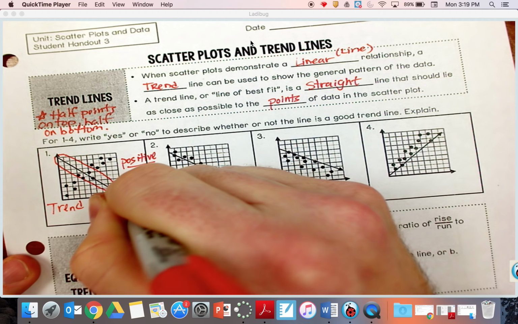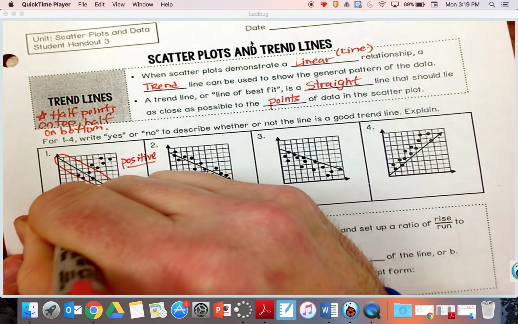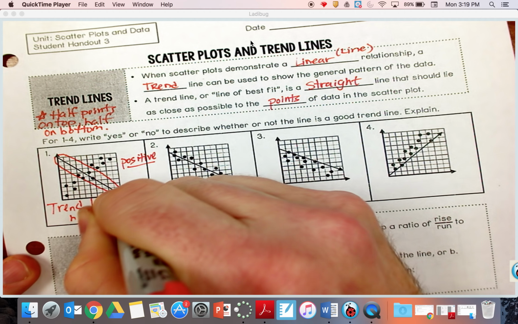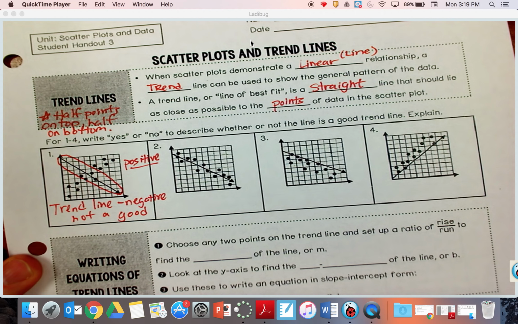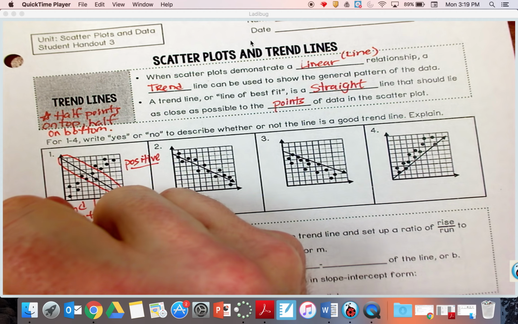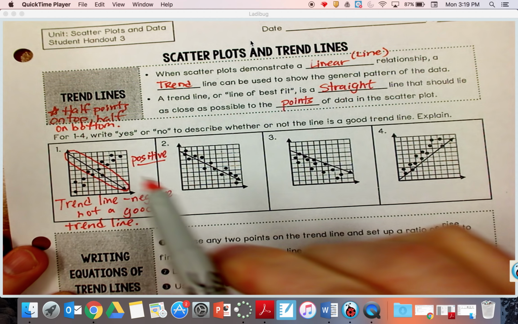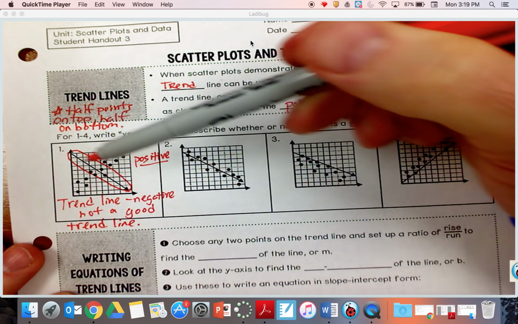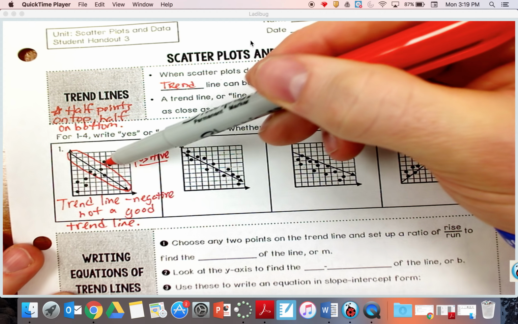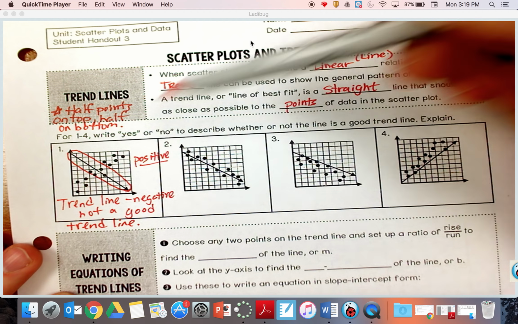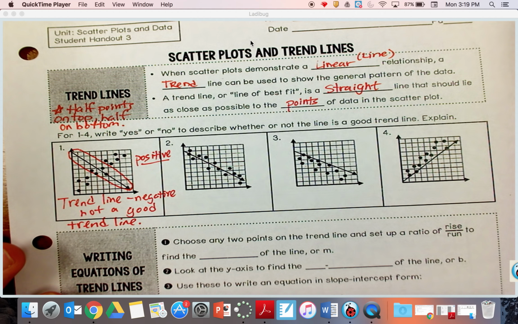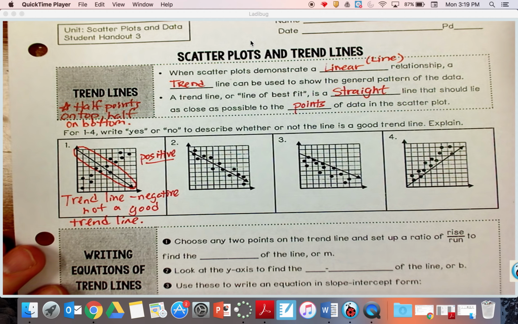This is not a good trend line. It is not following the same trend of our graph. Our graph is going positively, so we should have a trend line flowing through the middle of those points going in the same direction. So that would not be a very good example.